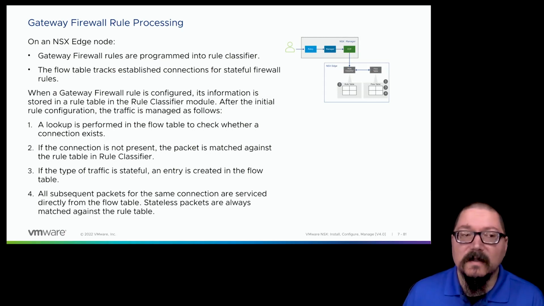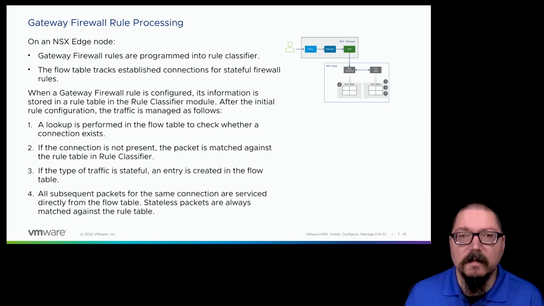And the rule processing function is essentially the same as what we talked about with the distributed firewall, where we have a connection or flow table that we'll look at first to see if we already have an allowed flow. If we do, great. Then we'll go ahead and act on that. We'll forward that packet along. But the connection table, the flow table, is just for the already allowed flows.